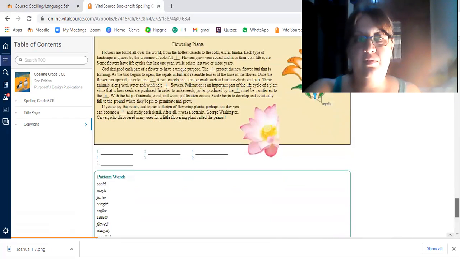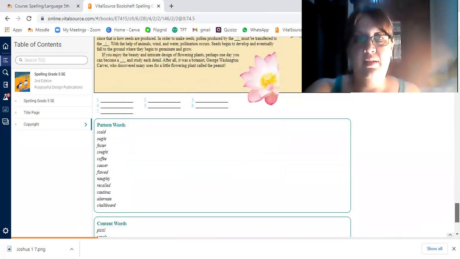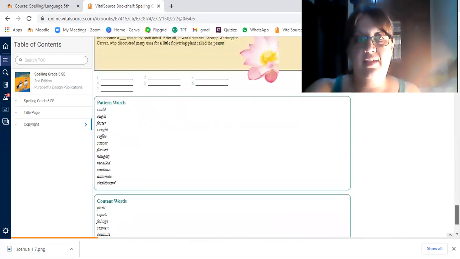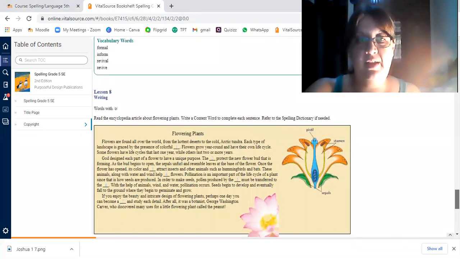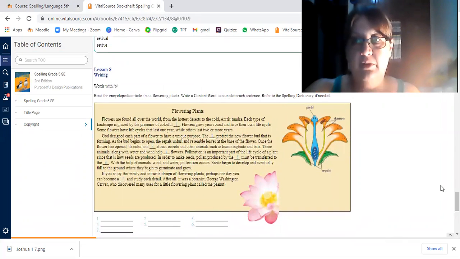And then there's this writing. And that's it. Now, this writing one is the one I want to tell you about, because you're going to do all of your assignments and then you're going to turn them in. Oh, there's the pistil and the stamen. So you can see right here, and the sepals down below.